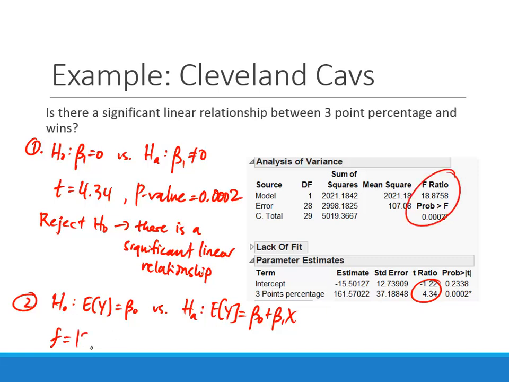It's 18.89, and your p-value is the same thing. So you'll make the same conclusion. You'll reject the null hypothesis and say that there is a significant linear relationship. And again, the F statistic is the square of the T statistic. So T is 4.34. Square that, you should get 18.89.